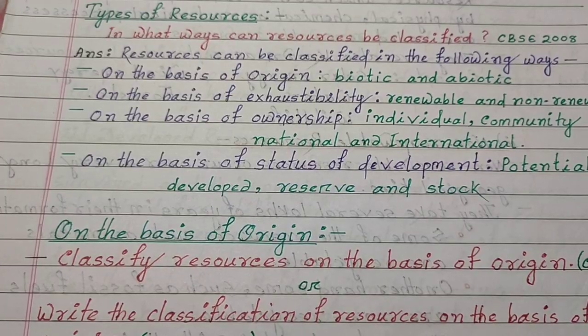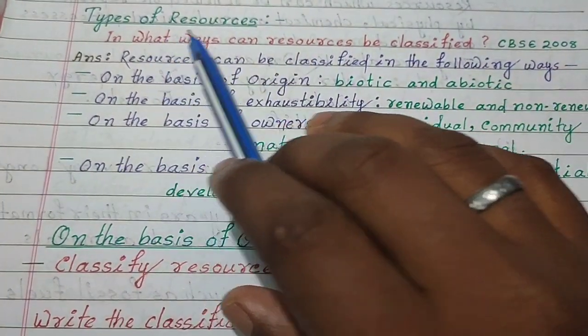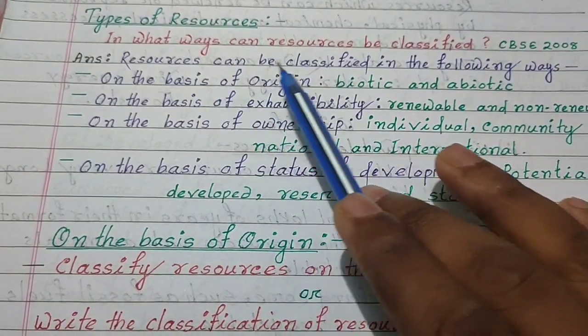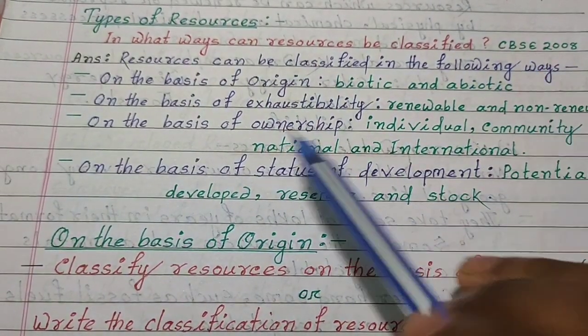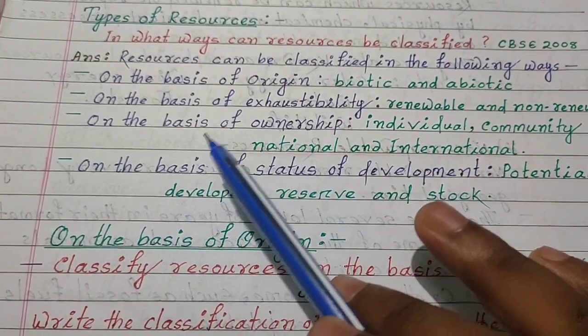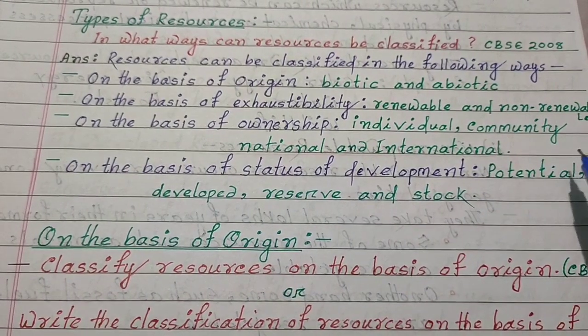So, how many types of resources? In what ways can resources be classified? Resources can be classified in the following way. First, on the basis of origin: biotic and abiotic. On the basis of exhaustibility: renewable and non-renewable.